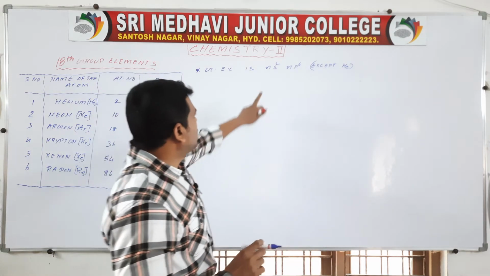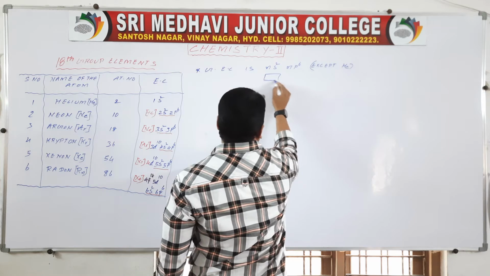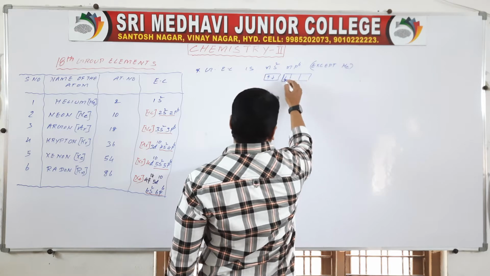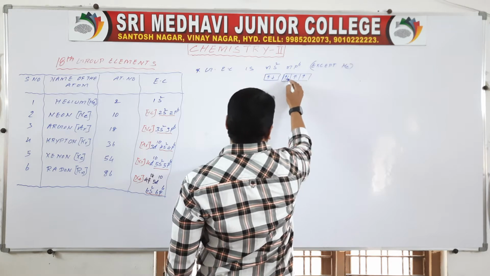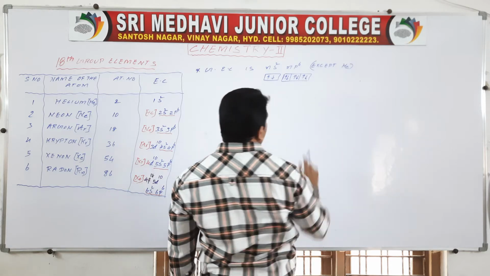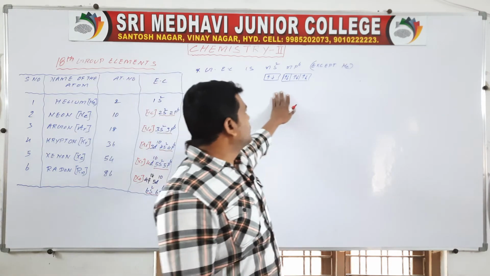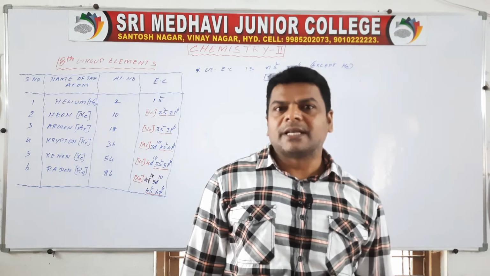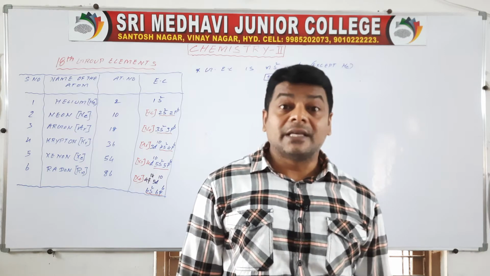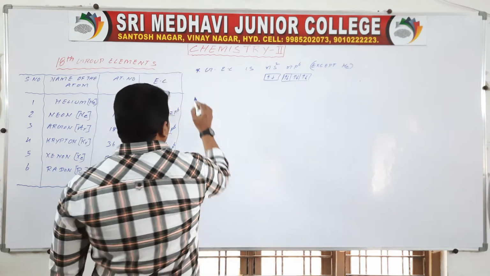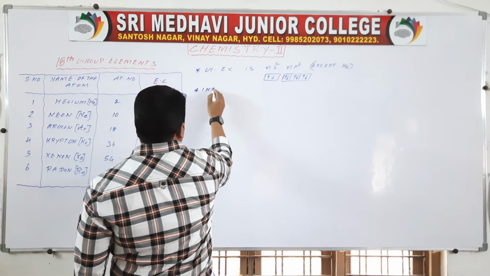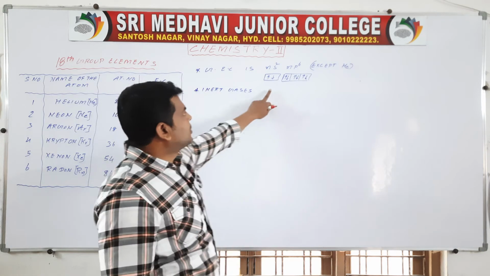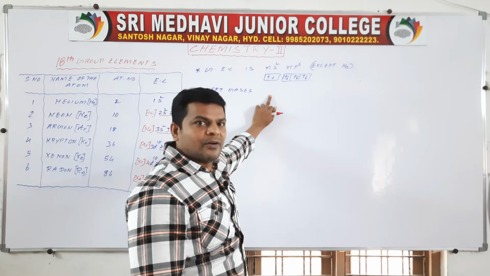Helium has 2 electrons and the others have 6 electrons in the p subshell. Due to the ns2 np6 electronic configuration, these elements are inactive and do not participate in chemical reactions. So these elements are called inert gases.